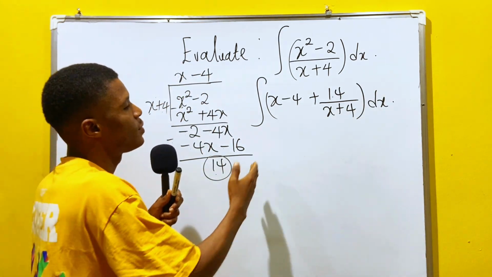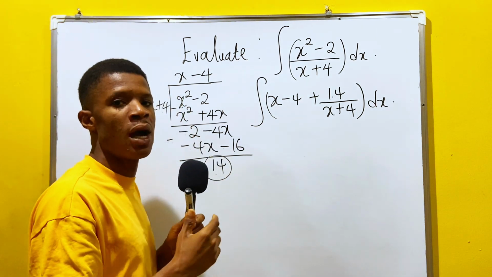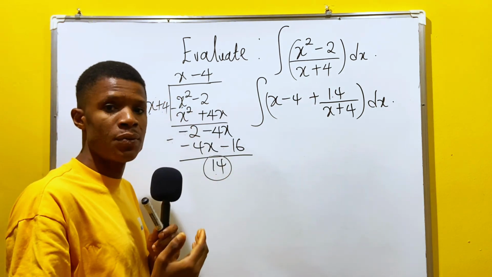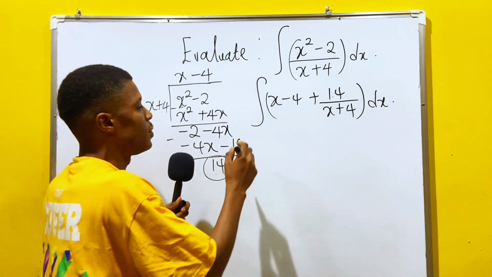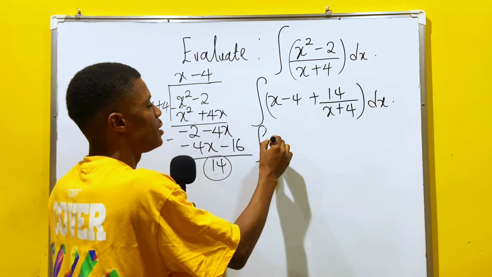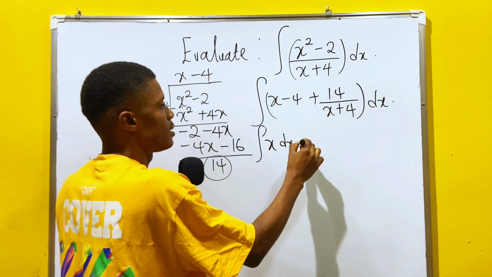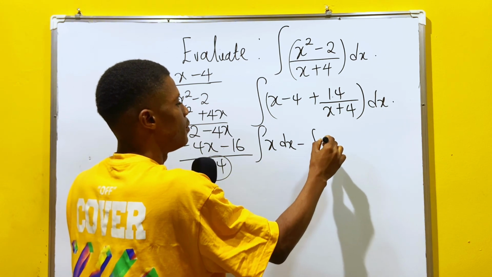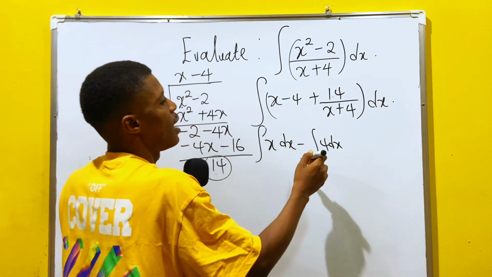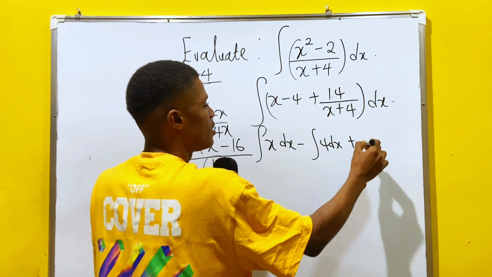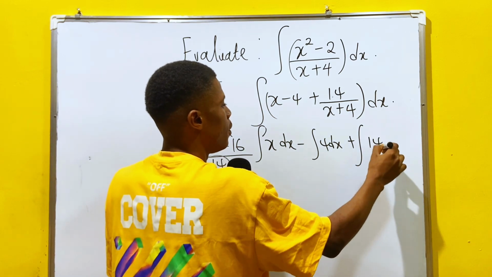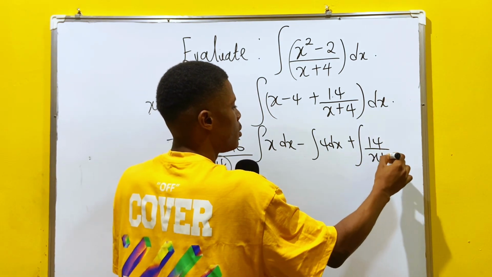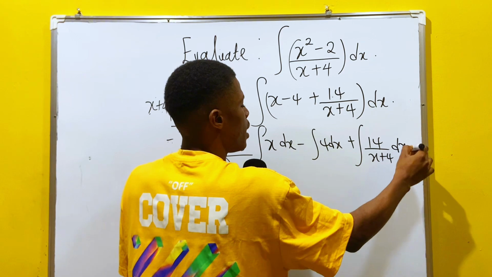Remember, if you are integrating a sum and difference, you have the right to integrate them separately. So this is just integrating x with respect to x, minus the integral of 4 with respect to x, plus the integral of 14 over x plus 4 with respect to x.